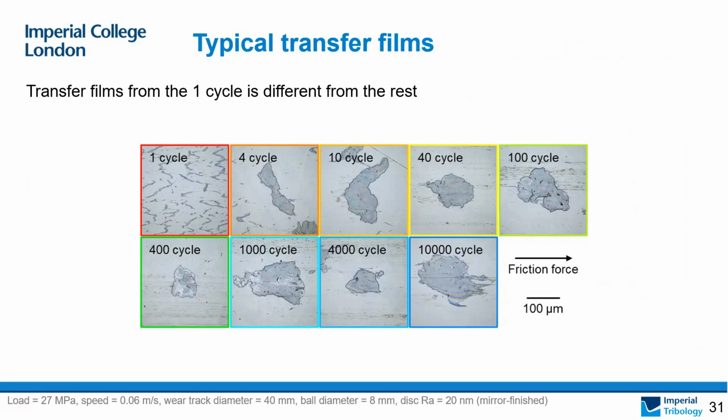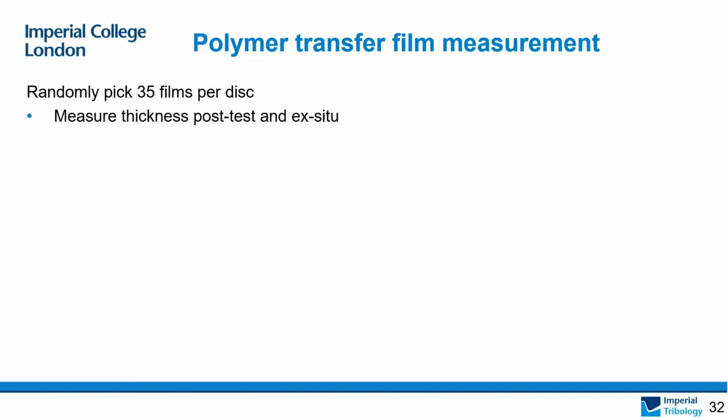Here are some typical transfer films from different sliding cycles. Most transfer films have similar manifestation, and they appear as small lumpy islands. The first sliding cycle is an exception. The films are much smaller, but anyway, all this agree with our previous findings.